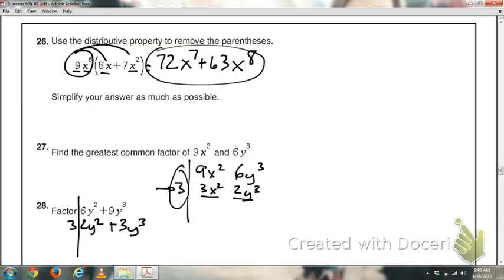Now I can't divide out any other numbers, but I have a y squared here and a y cubed there. That means I could divide out a y squared from both. If I divide 2y squared by y squared, I'm just left with 2. If I divide y to the third by y squared, I'm left with just a 3y. So now at the end of the day, this is my greatest common factor, the product of 3 and y squared.